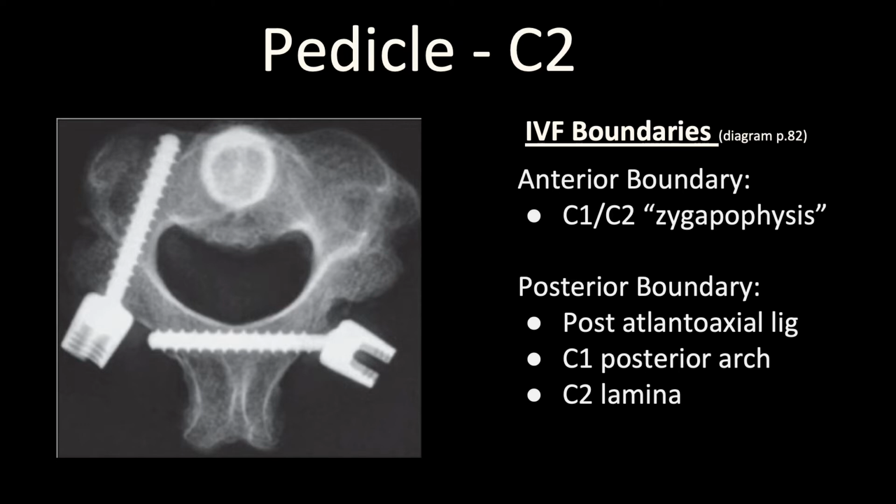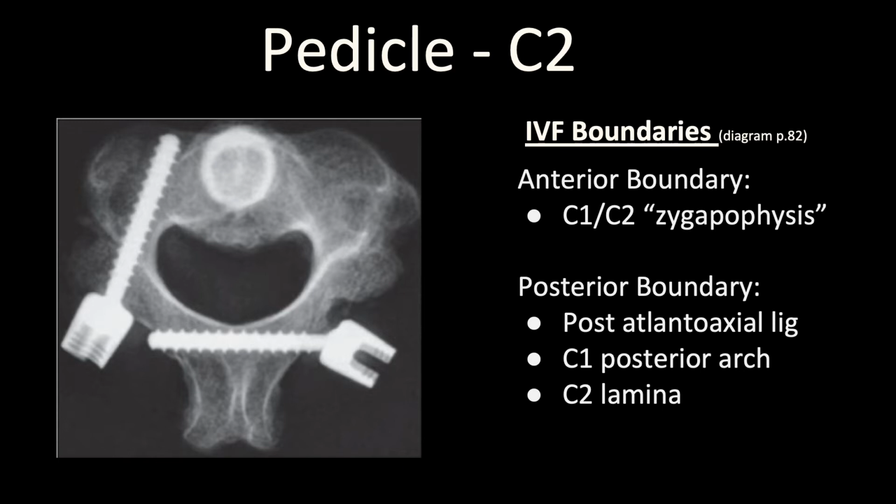But in Mr. Mortar's class, the C1 and C2 zygapophysis, obviously this is not a classic zygapophyseal joint like we've been talking about, but if you look on page 82, and I have it on the next page of this, that zygapophysis, or that articulation between C1 and C2, is going to technically form the anterior boundary. That's also true between occiput and C1.